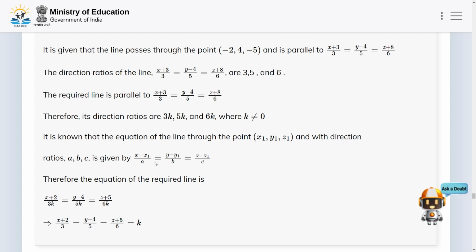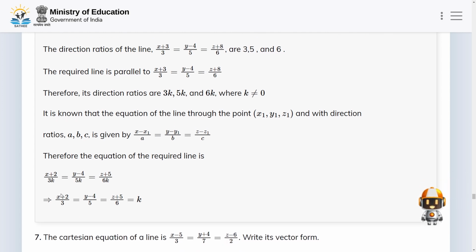This means you know x1, y1, z1 as 2, minus 4, minus 4 respectively and a, b, c as 3, 5, 6. This means you will have this as your Cartesian form for your required line. Okay, I hope it is clear.